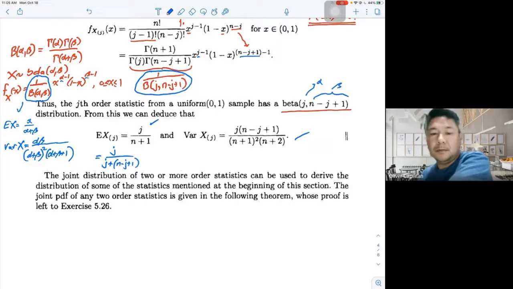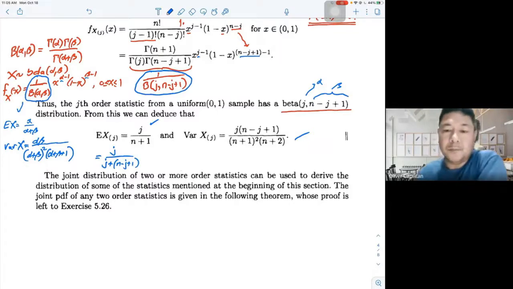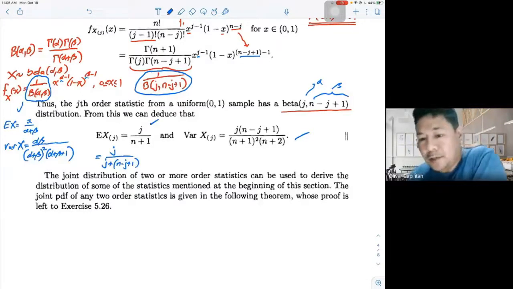Okay, so any questions or clarifications before we go? So I started discussing order statistics today. The first part, we have those definitions of order statistic. We have finding the cumulative distribution function for a discrete case, where we have a discrete random sample.